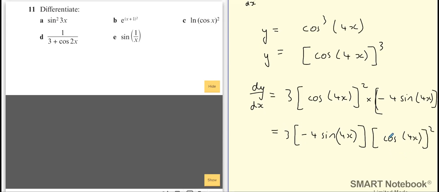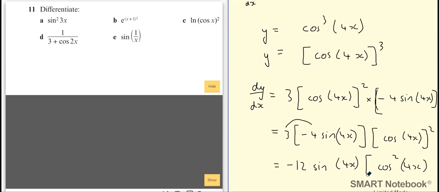Order of multiplication does not matter. Now the only thing that can be simplified, I can't multiply the 3 inside the squared bracket, but I can multiply the 3 in here. So we get minus 12 sine 4x, and then we get cos squared 4x.